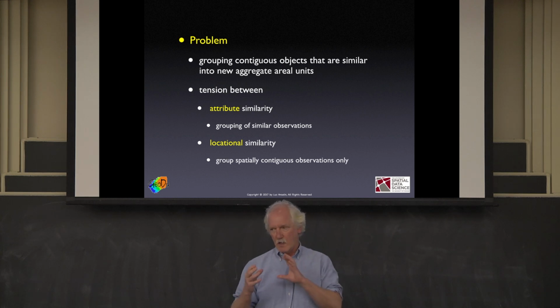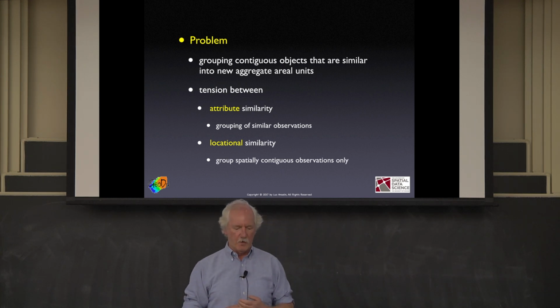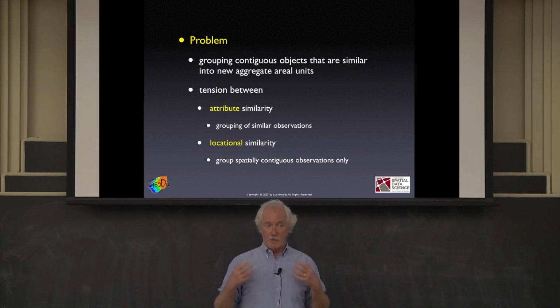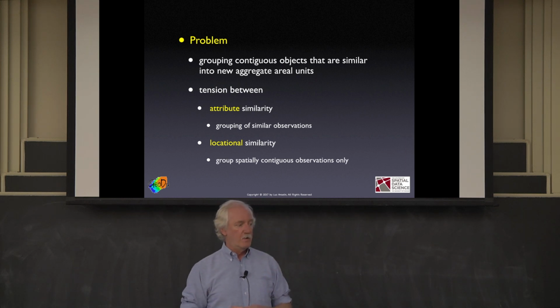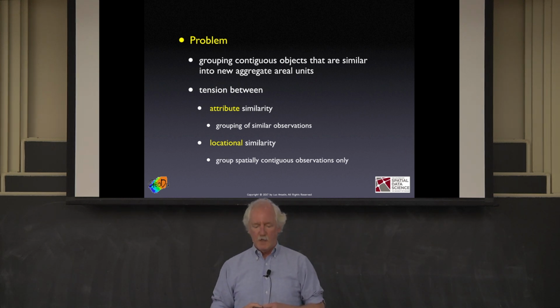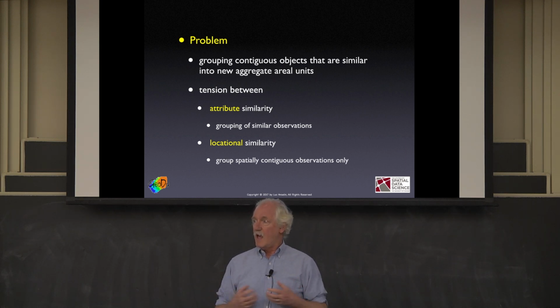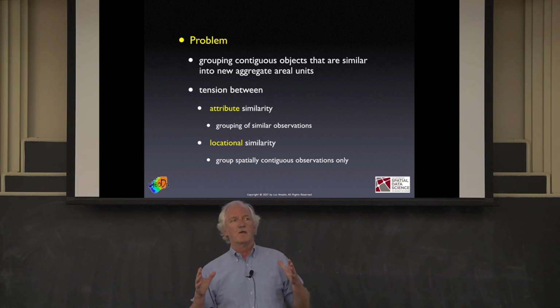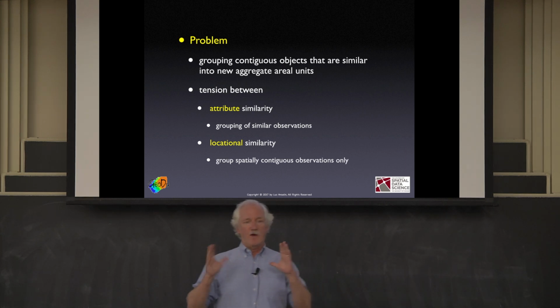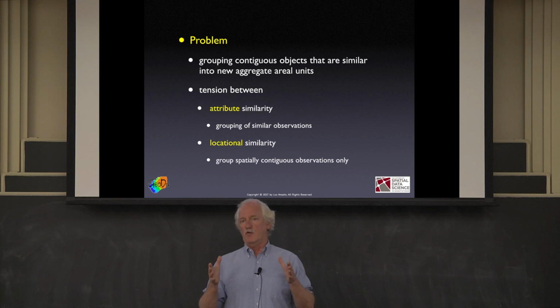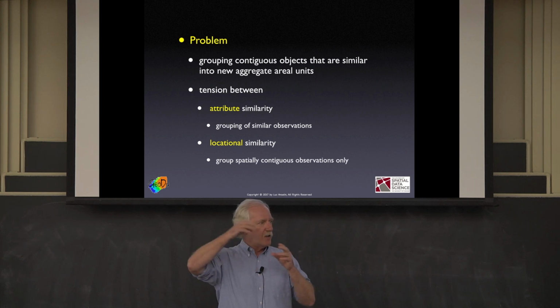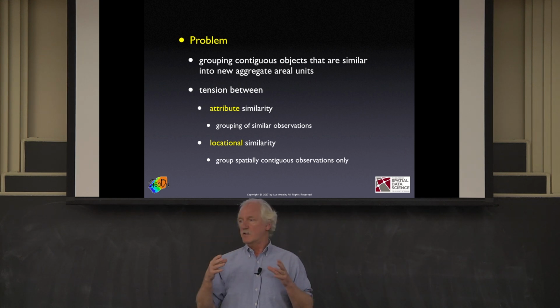Some were a little bit contiguous, but most of them were not at all. So here we address, again, head-on, this tension between attribute similarity, which is similarity in attribute space. To make this concrete, think of our 3D data cube that we saw in the exploration part. We had the 3D scatter plot, a cloud of points in 3 dimensions.